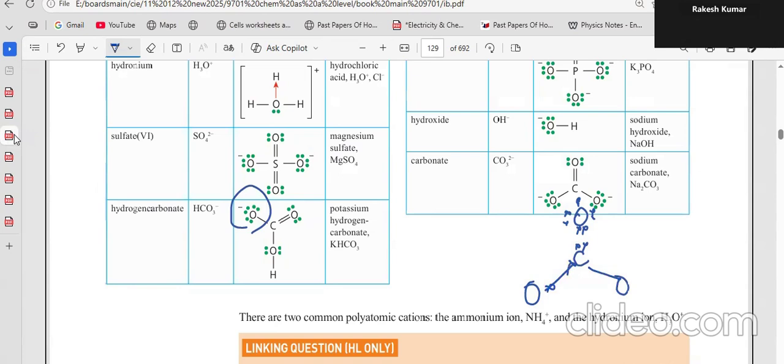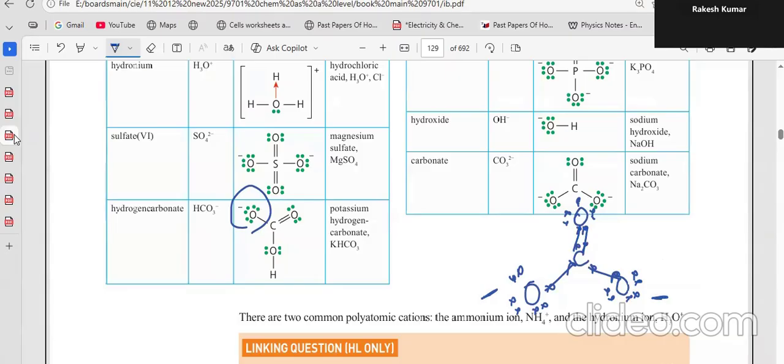So 1 is satisfied. But what about the other? You see, this has 6, so 1 is left. So let's put 1 electron from the other, and this will get a negative charge. Similarly here, it has got 6, so 1 is left. So you bring 1 electron for stability. And then this is the structure.